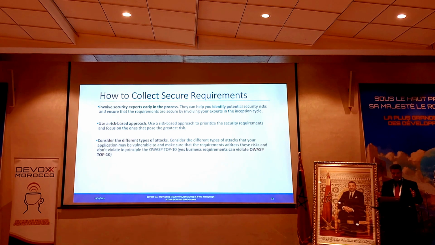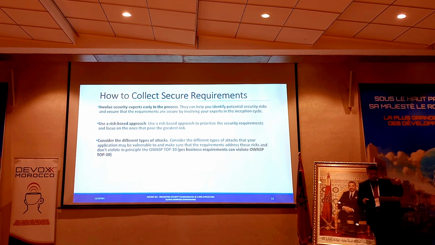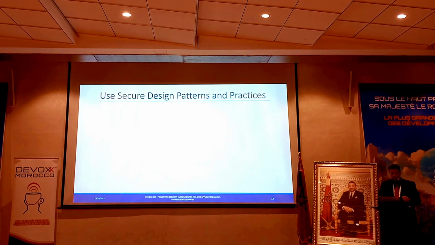And we need to consider the different types of attack that this application might take. The principle for that and our guideline will be the OWASP top 10. And yes, trust me, business requirements can violate the OWASP top 10 principles, not only source code.